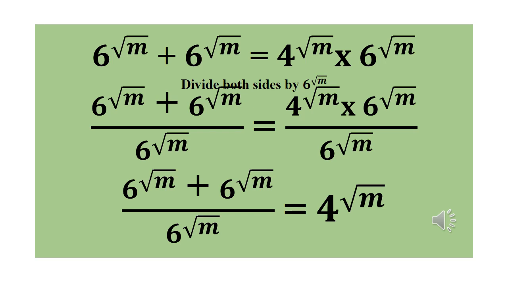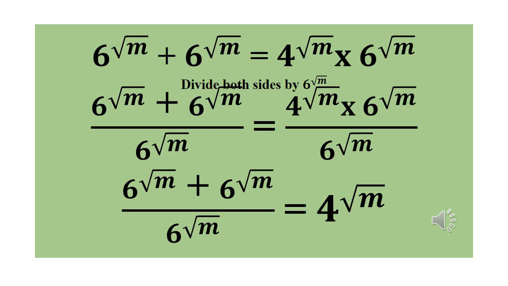we can divide both sides by 6 raised to power square root of m since they have it in common. So we have 6 raised to power square root of m plus 6 raised to power square root of m all divided by 6 raised to power square root of m equals 4 raised to power square root of m times 6 raised to power square root of m all divided by 6 raised to power square root of m.